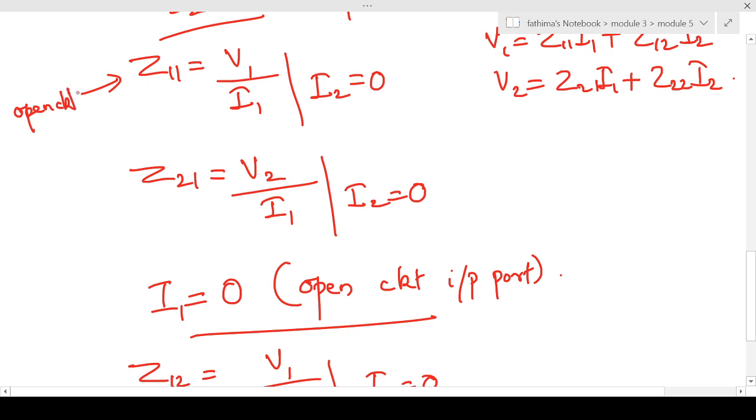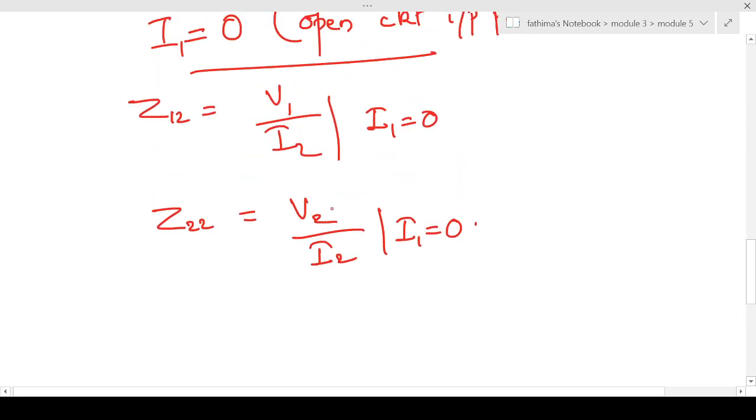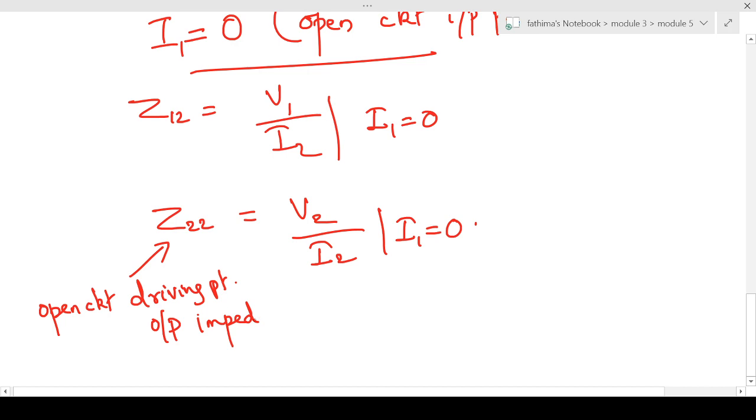So this is the open circuit driving point input impedance, and Z22 is the impedance of the output port by setting the input port open circuit. So this is called the driving point output impedance, or open circuit driving point output impedance.